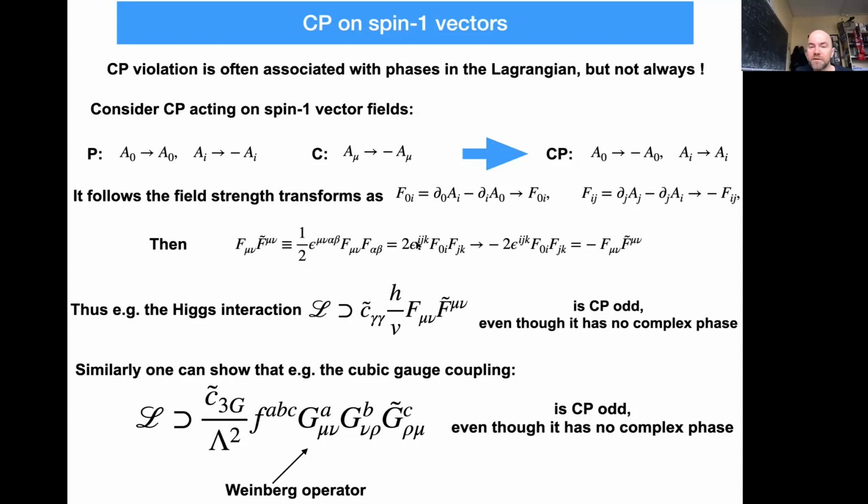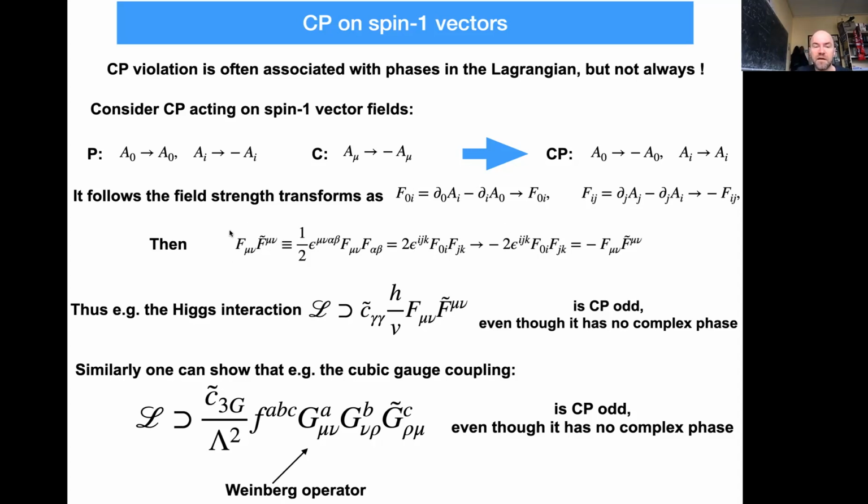So we can rewrite it with just the usual antisymmetric epsilon tensor, epsilon ijk. And then you see that this object is made of one F0i and one Fjk. So this one is CP even, this one is CP odd. So the whole product is CP odd.